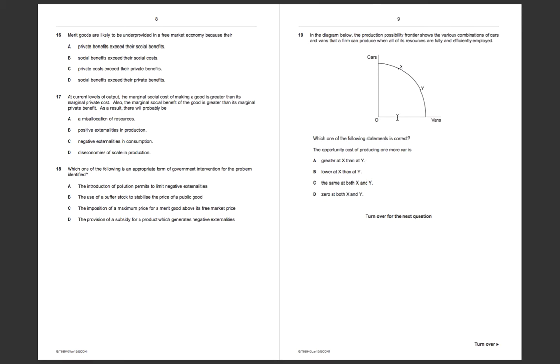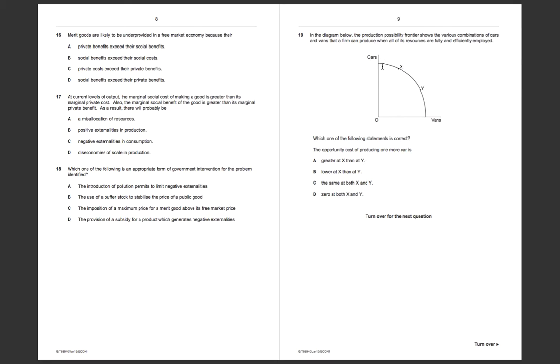So these resources they're taking will be more suited resources to producing vans, and not very well suited to producing cars. So always on these types of questions, when the curve moves towards the good on a given axis, the opportunity cost will be higher at higher levels of that good.